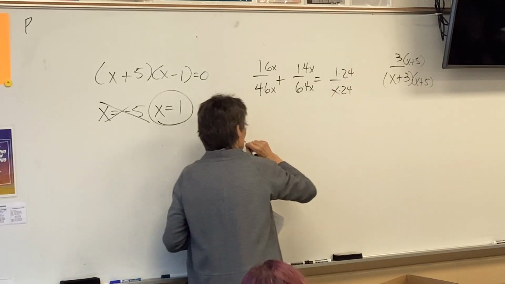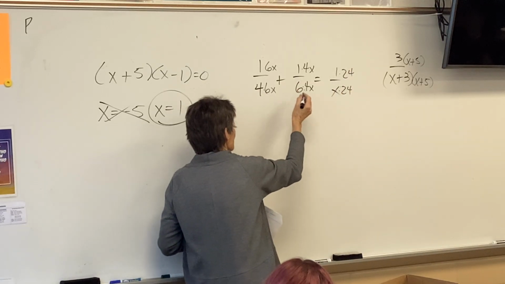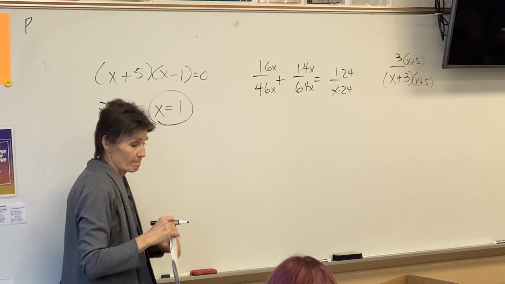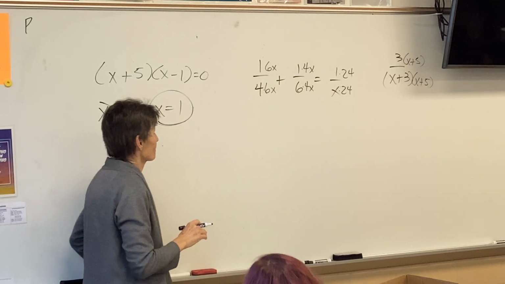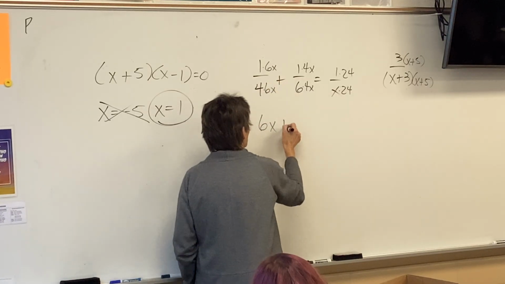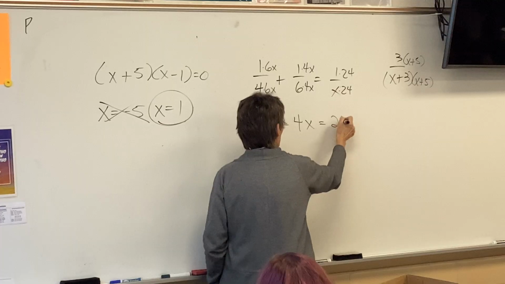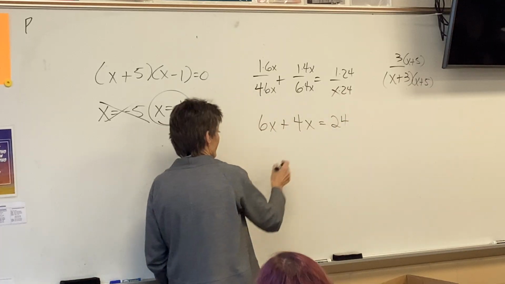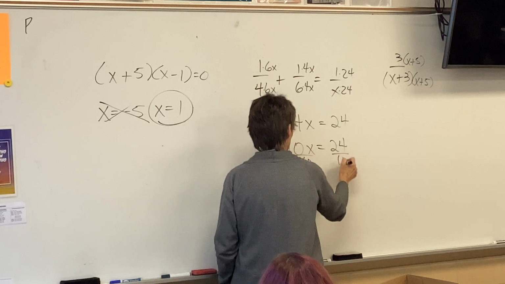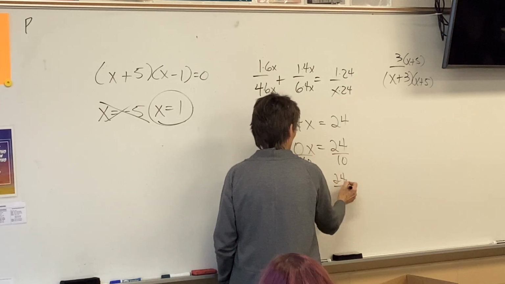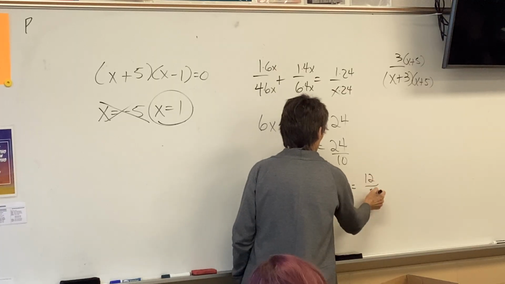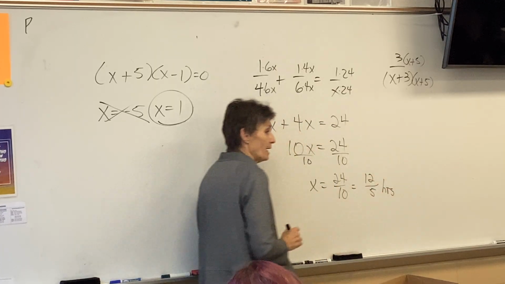I do want you to make sure though that every denominator matches. So 6x plus 4x equals 24. Yep. 10x equals 24. And x equals 24 tenths, which is 12/5 hours.